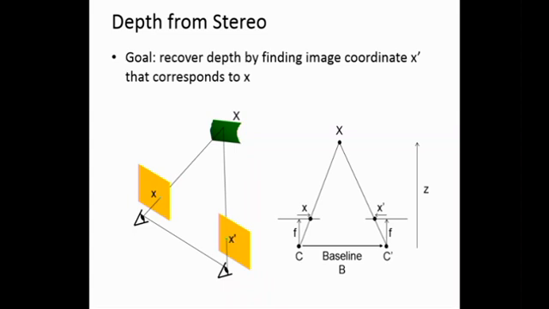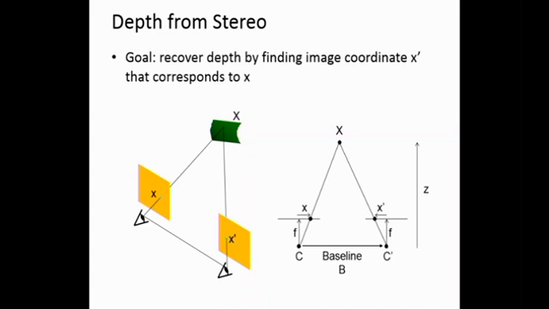So the simplest case is if you have two cameras that are just translated with respect to each other, then the corresponding points will just be different pixels at different columns, so there'll be some disparity that's horizontal. And the disparity is inversely proportional to the depth of the 3D point.